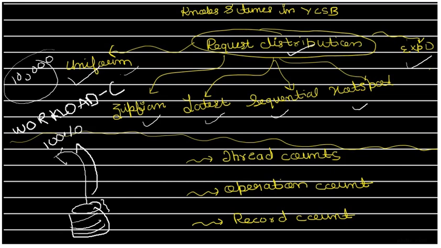So here the distributions come into the picture. If you choose a sequential distribution, the records will be read in a sequential way. But if you choose uniform distribution, YCSB will pick any record randomly. It will not read the records sequentially. It will read this record, that record, this record. So how you want to perform operations in the database is defined by the distributions.